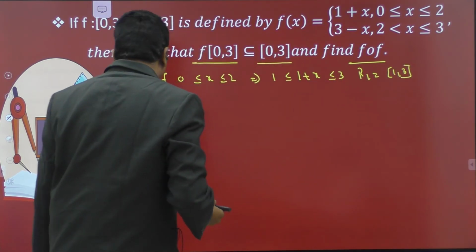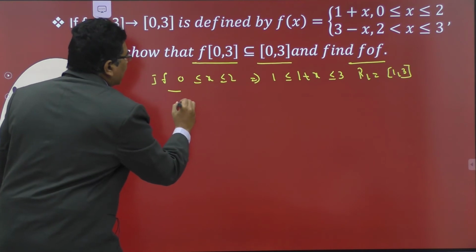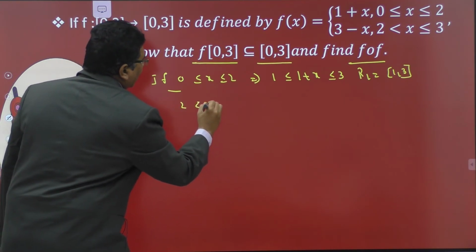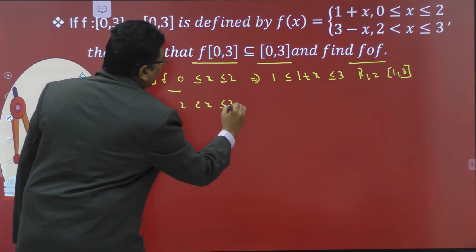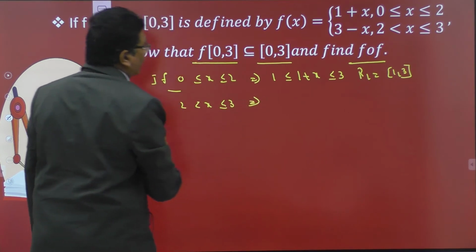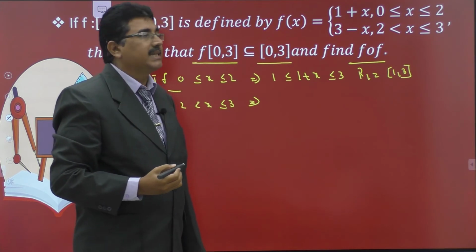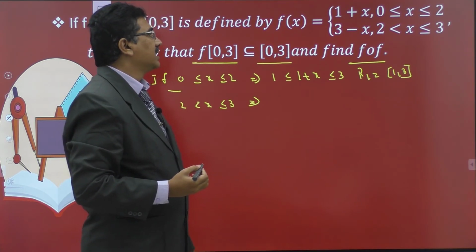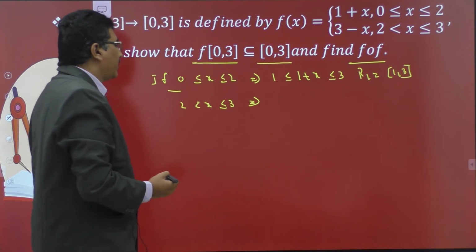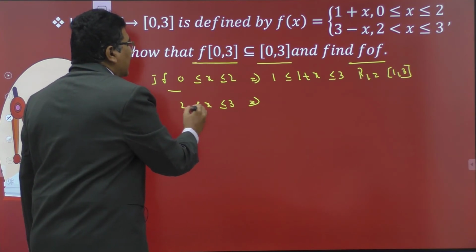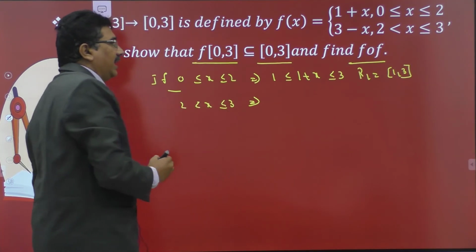Right. Now 2 less than x less than or equal to 3. In this case, f of x is equal to 3 minus x. So first we multiply a minus sign to this inequality.